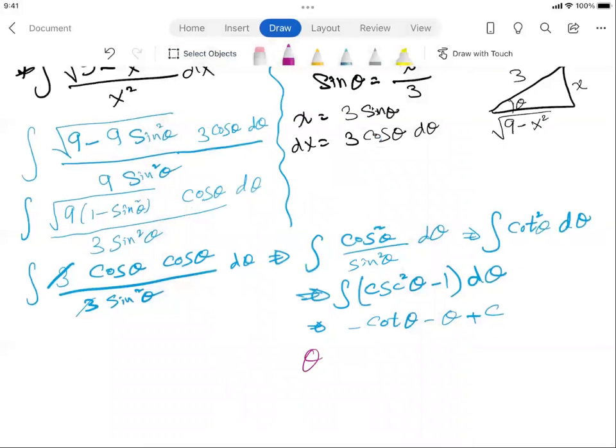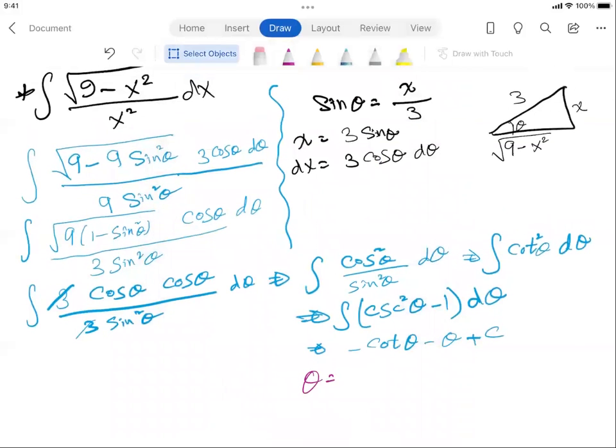So we know that theta is simply, so if I know that sine of theta equals x over 3, then theta is simply equal to sine inverse of x over 3.